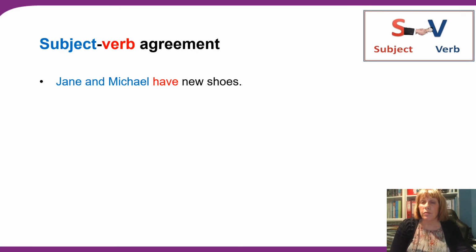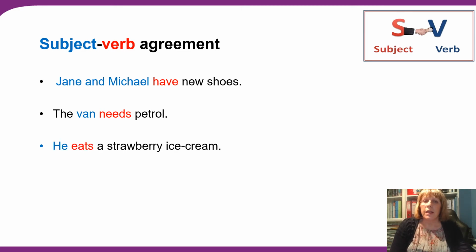Jane and Michael have new shoes because there's two people. The van needs petrol because there's one van. He eats a strawberry ice cream because there's one person eating. The fireman wears a helmet because there's one fireman, singular.